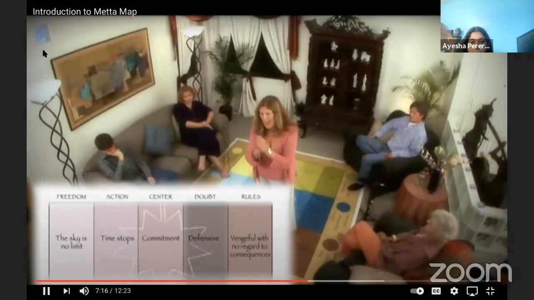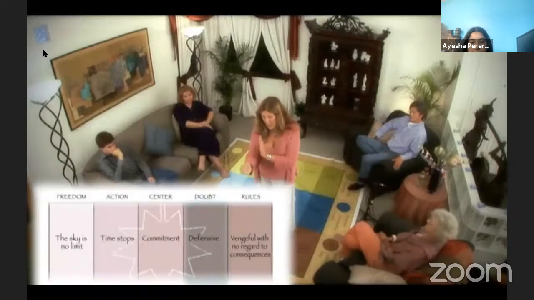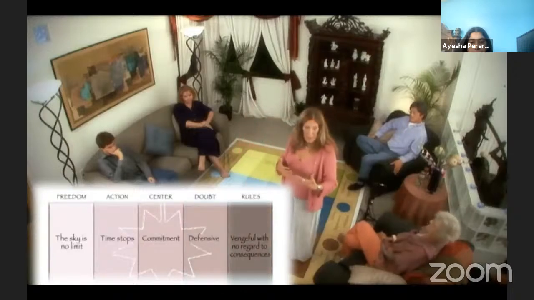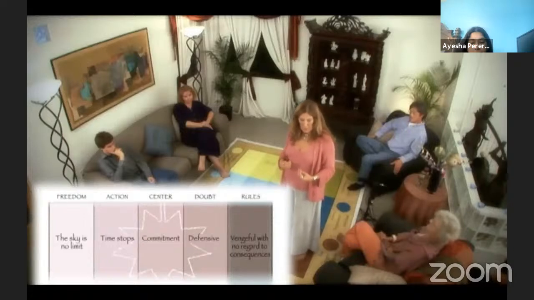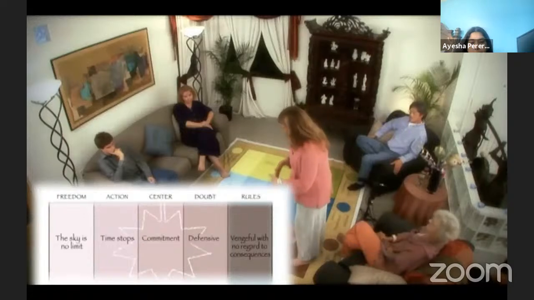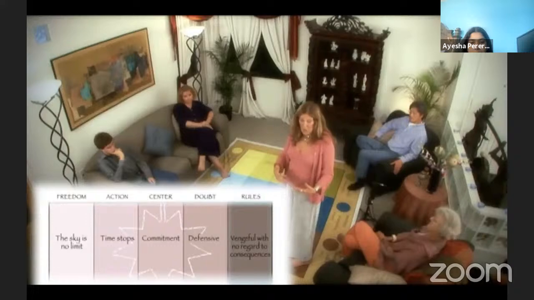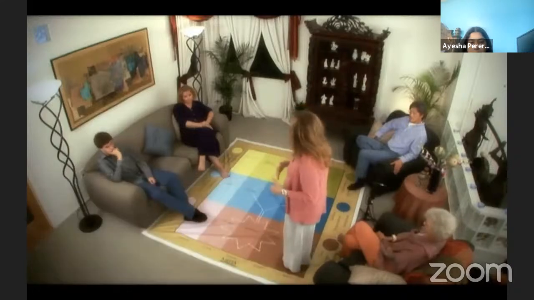Defensiveness comes from doubt, and I become a warrior when I become doubtful in my primal energy space. And when I'm truly frightened, I will have no regard to consequences. This is a very serious place because it can cause a great deal of suffering if it's left unmanaged and if we pretend that it doesn't exist.